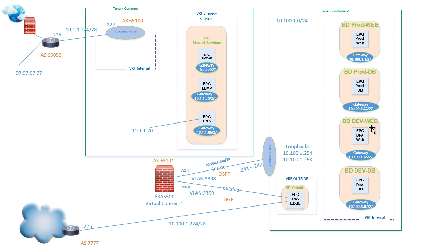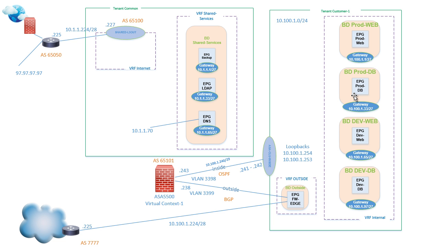Okay, so just to sum it up, for customer one we have the prod web, prod database, dev web, dev database, the servers that are connecting into each respective EPG, whether they're bare metal servers or virtual servers. If the customer wants to access those resources through the MPLS network, then they go through the ASA firewall.